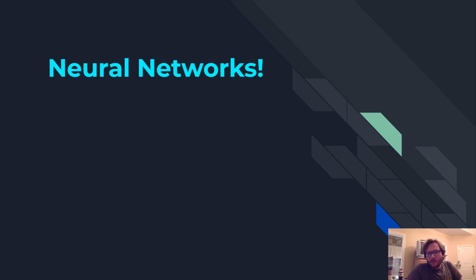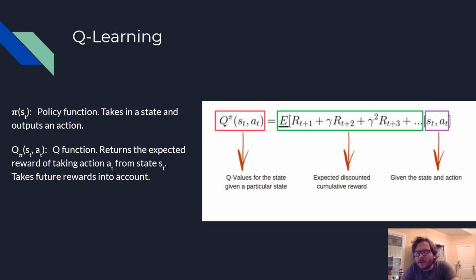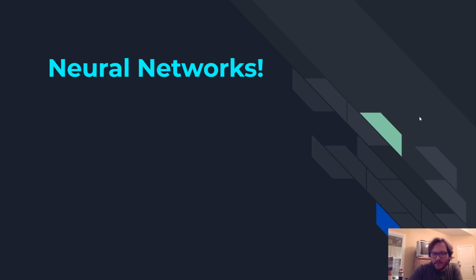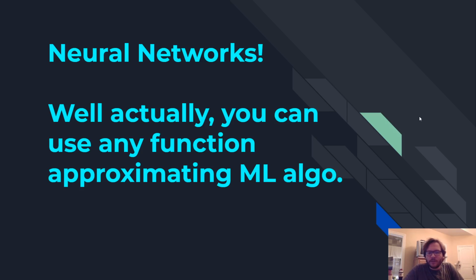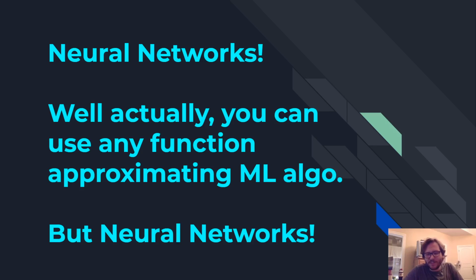So yeah, how do we make this? I changed these slides around so that doesn't make as much sense, but I already answered that for you. Neural nets. Well, you can really use any machine learning algorithm as long as it can do the job of predicting the rewards. But neural nets, because those are more fun, and that's what this class is.